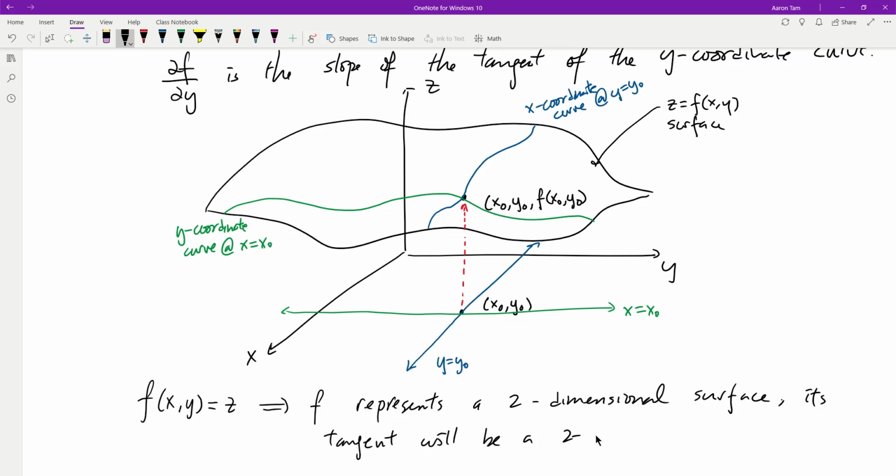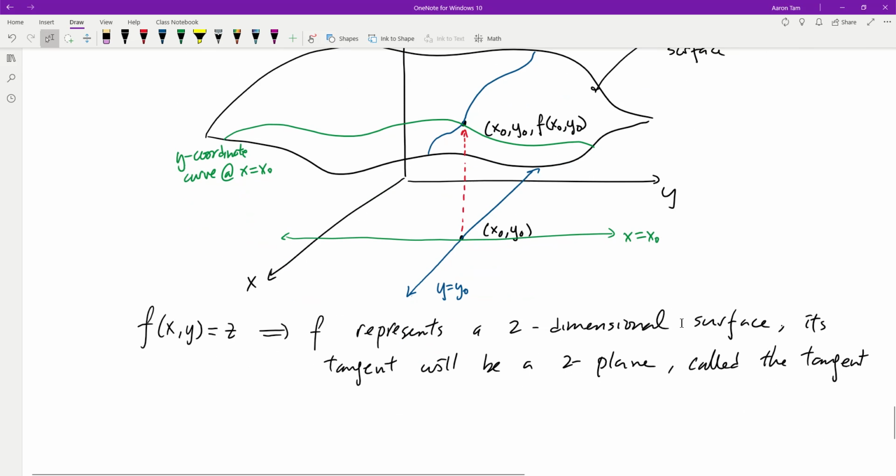Its tangent will be a two-plane, which is therefore called the tangent plane. Notice that the important part is right here: a two-dimensional surface requires two planes to form the tangent plane.